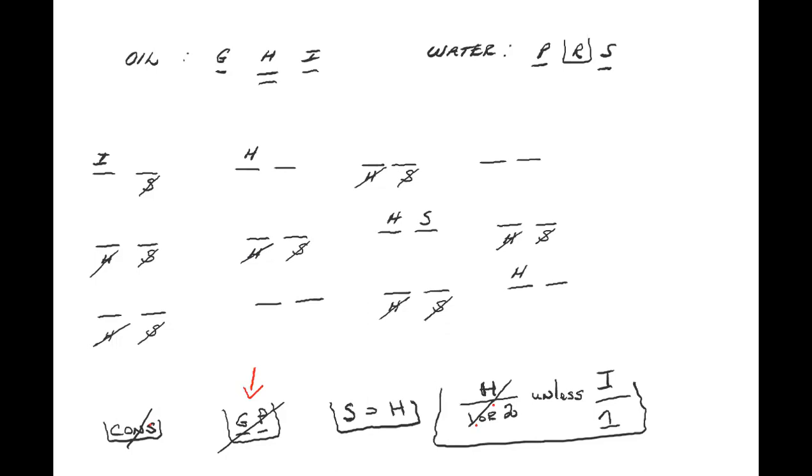So that would be if G, then R. So it's identical to that, because once you place G, it has to be accompanied by R, which would mean it could never be accompanied by P, because G requires R.